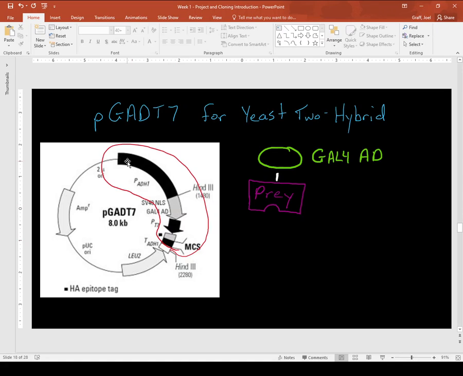So when transcription starts here from the promoter and ends down here, we have the fusion protein encoded, where at first we're making the Gal4 activation domain, shown here in green, and we also have some connecting sequence shown in white, and then we also have our prey protein, which was cloned into the multiple cloning site. So these are all made together as one giant protein, but they fold independently with that linker sequence in between.